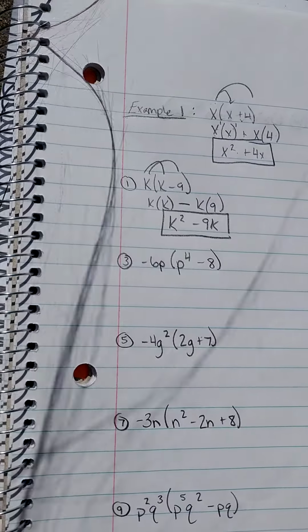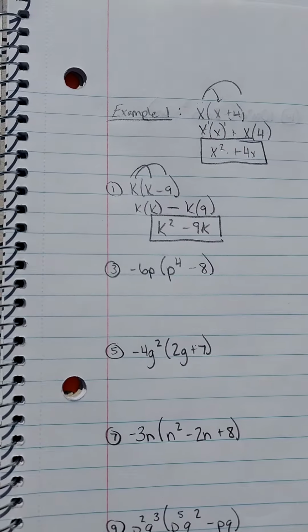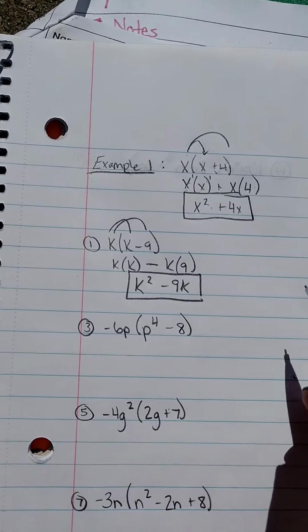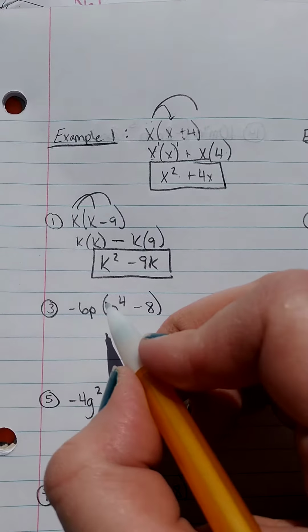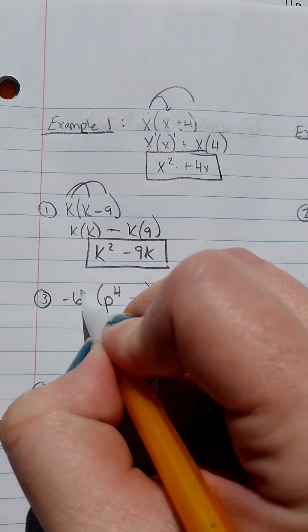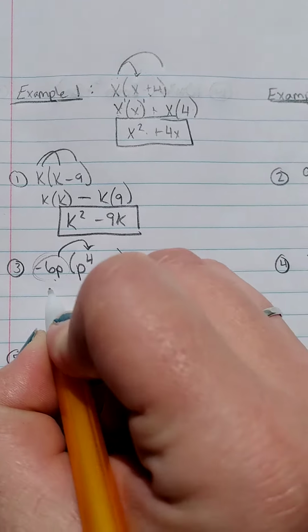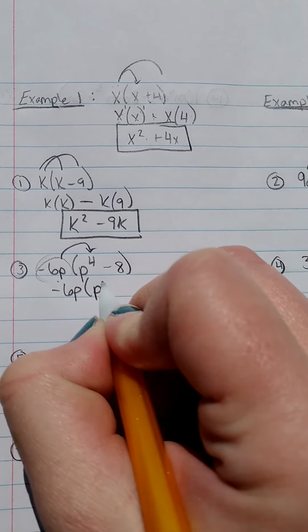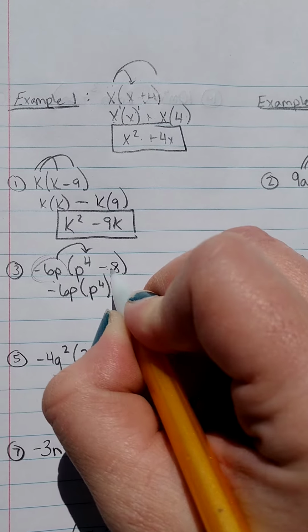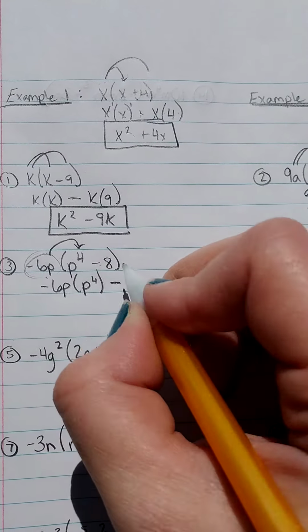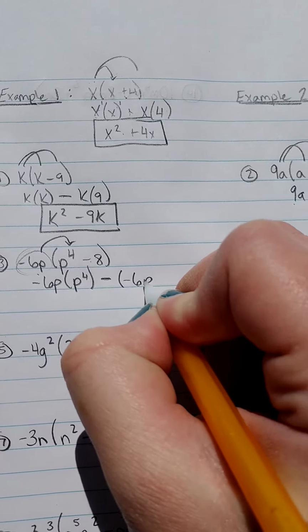So number 3. Number 3 is slightly different. You're distributing a negative now. So take that negative 6p and distribute it. So minus 6p times p to the 4th. Bring down that minus sign, but now we're distributing a negative 6p to an 8.